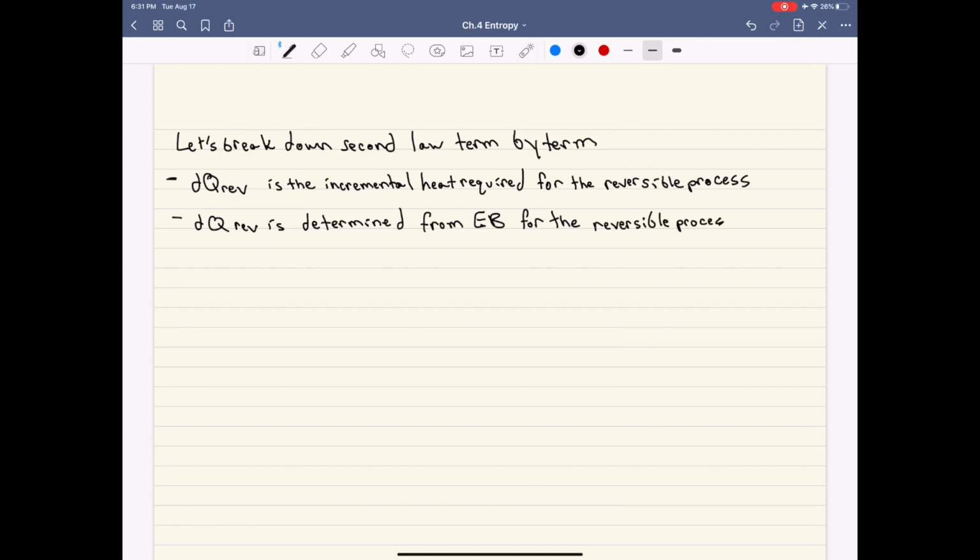And so, for instance, when we were dealing with an isothermal expansion, we see that dq rev is equal to the negative of dw reversible, which is just p gas dv. Okay? So that's specifically for the isothermal expansion.